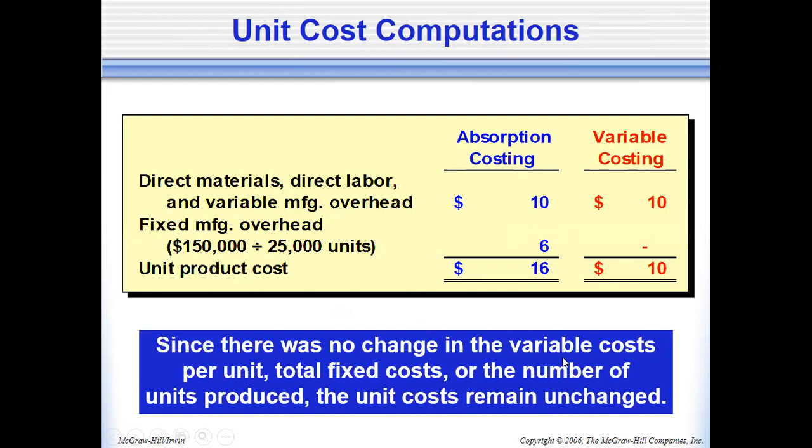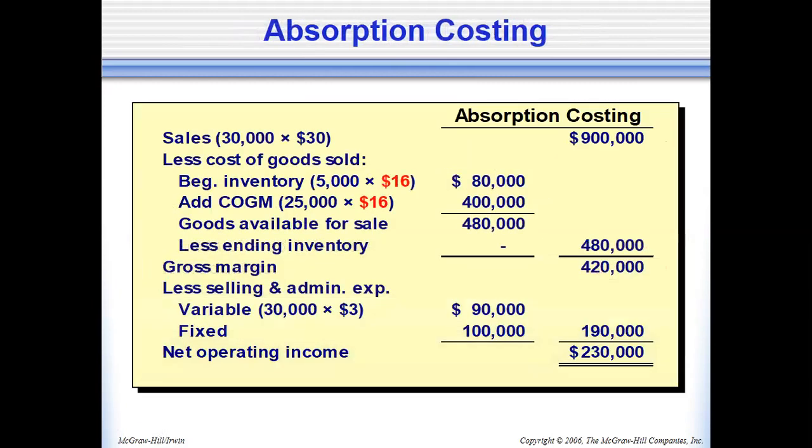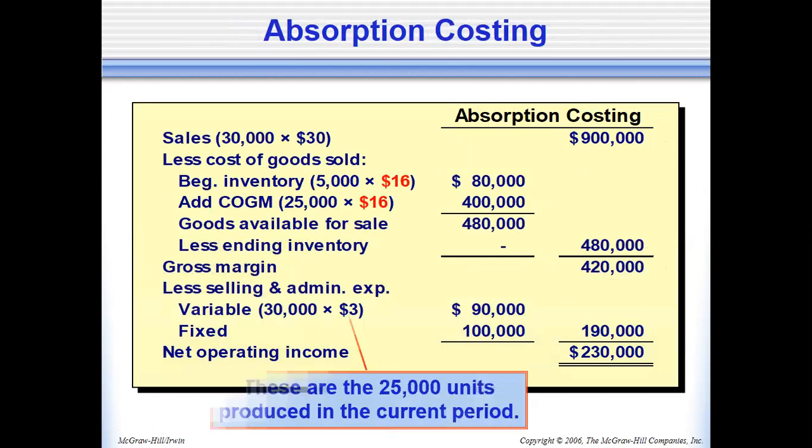Actually, variable cost would not change per unit. What would probably change is that if the production changes, the fixed manufacturing overhead per unit would also change. This is the thing in accounting: if there has been no mention of any change or any provision to the contrary, we simply assume that the same is true.